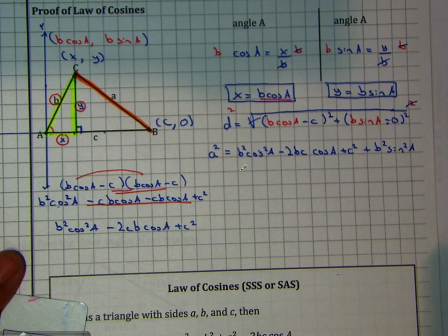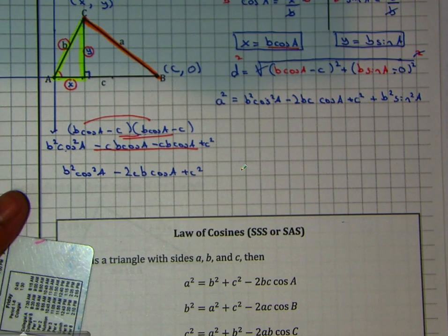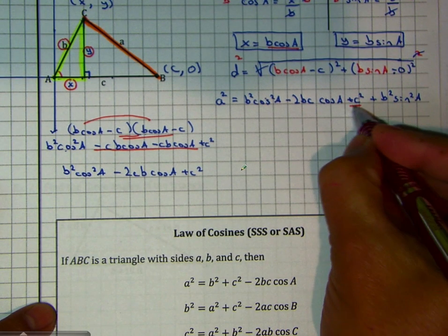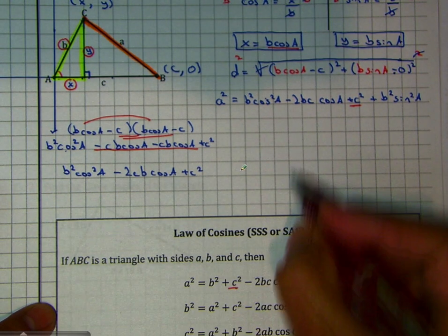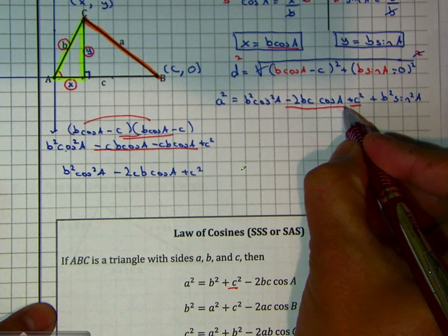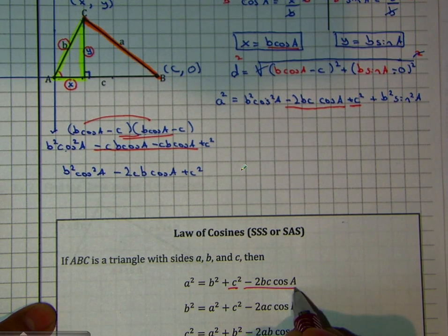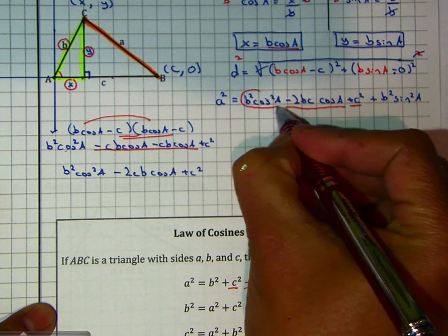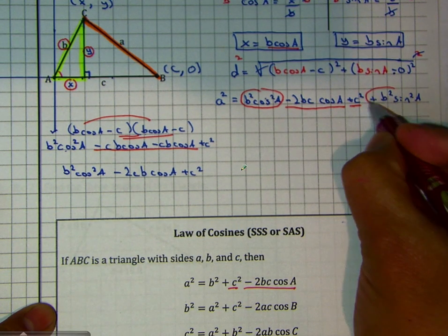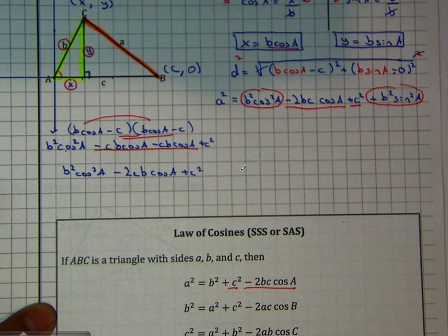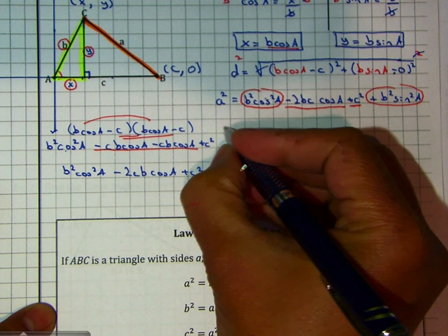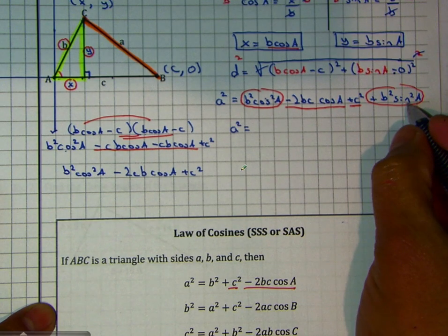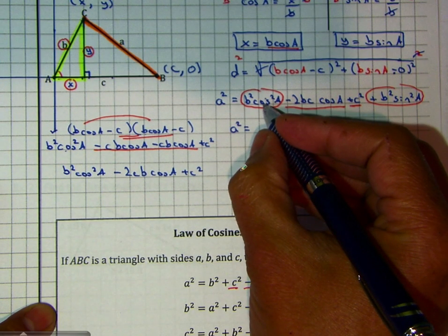If you notice, the formula that we need to get to is this one here. And notice that I already have my c squared here, minus 2bc cosine of A is here. So therefore, I'm going to group those two together. So let me rewrite it as a squared equals, and let me place my sine squared and then my cosine squared.